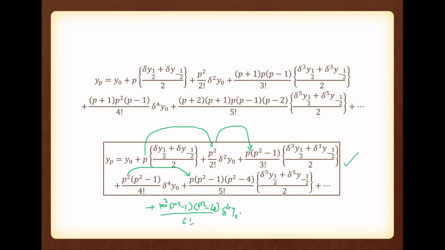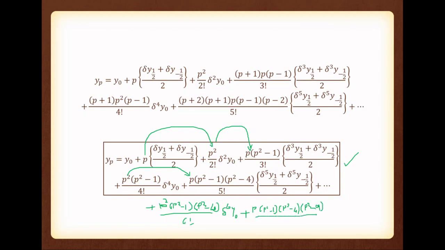If you are asked to write one more term, what do we have to do? Remove one p, write the remaining terms. So that is p square minus 1 into p square minus 4. Now add one more term, that is p square minus 9, that is 3 square. p square minus 3 square is p square minus 9.